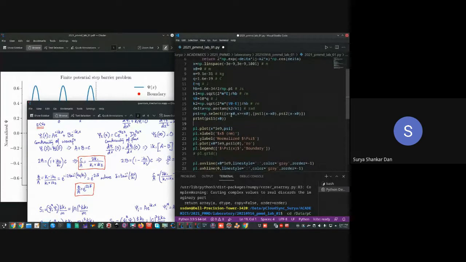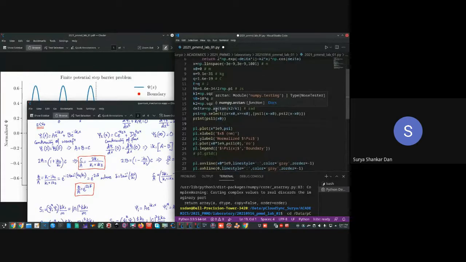When x is less than x0, what is the value of psi1? In most of your code, you have written the function directly in an if then else statement. np.select is a construct which takes care of the if then else itself.